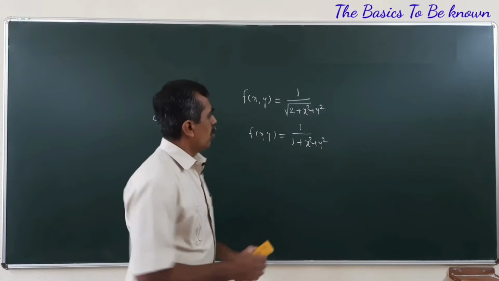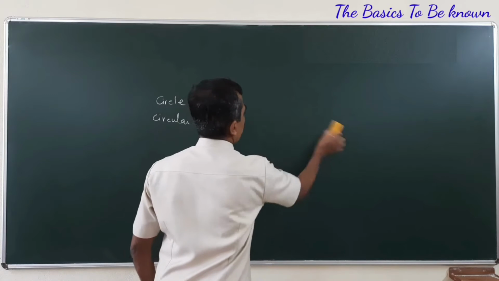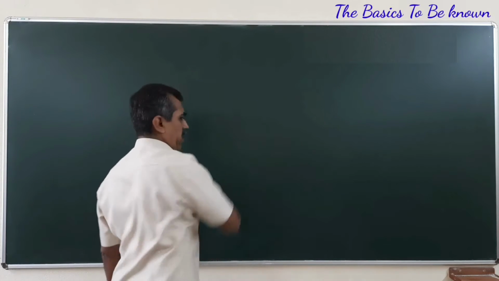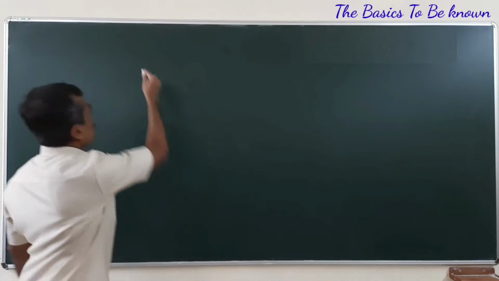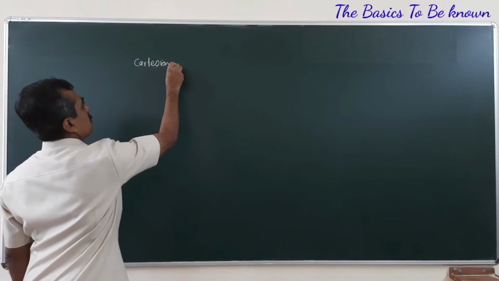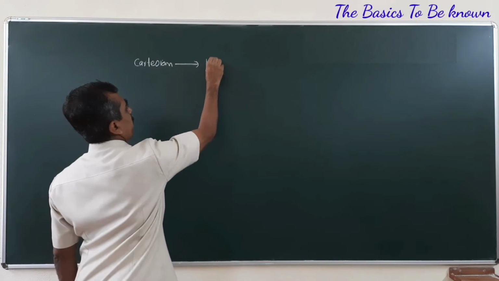As all of you know, the simple change of variable formula for double integrals is from Cartesian coordinates to polar coordinates.